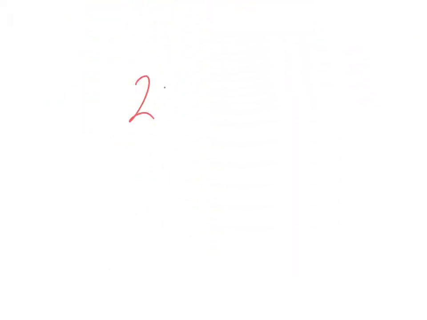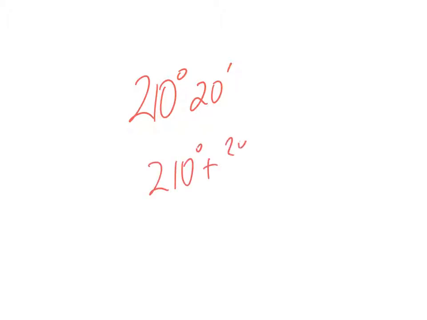If they give you 210 degrees, do you remember there was also that thing called minutes, like 20 minutes? That meant it was 210 degrees plus 20 over 60. Remember this? And then we got a decimal. It's just a funny way of writing 210 point something degrees. They did that with minutes.